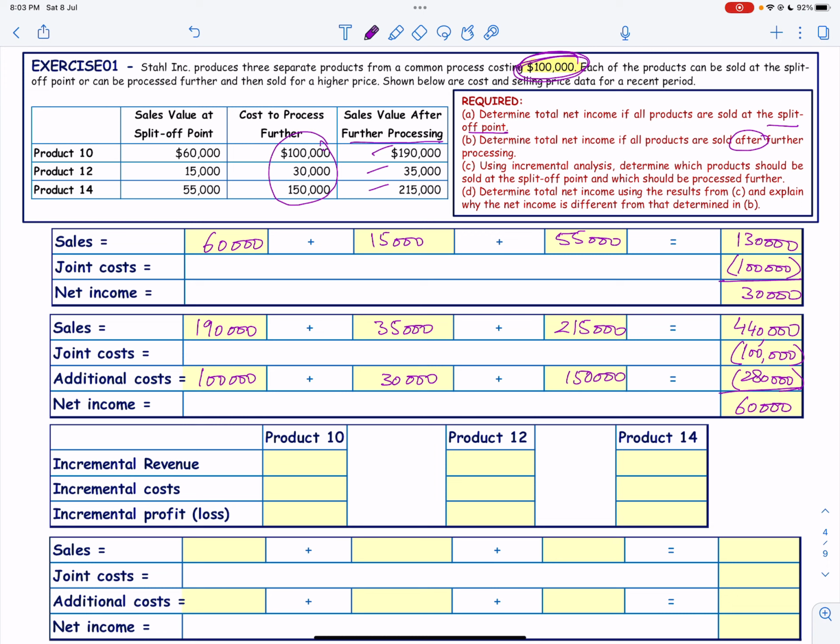Then we go to number C. Using incremental analysis, determine which products should be sold at the split off point and which should be processed further.